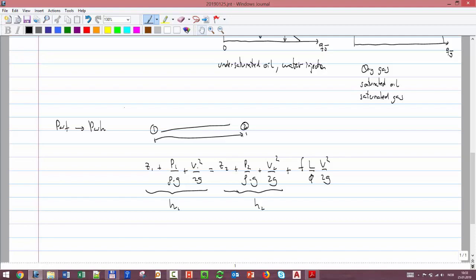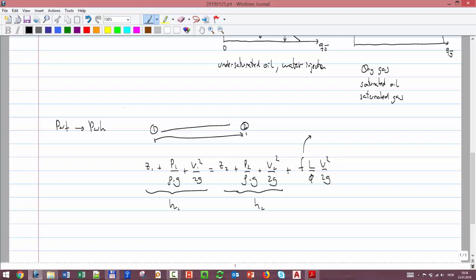So if you look at that equation, it's like I have energy in point 1, and then I'm losing energy, which is this term, and then I end up in point 2. So for gas, we are talking now, that applies very much for a liquid, right? When density doesn't change much, this friction factor, what does it depend upon?